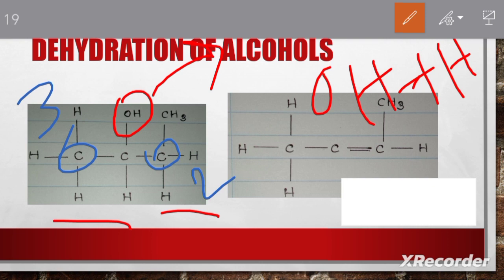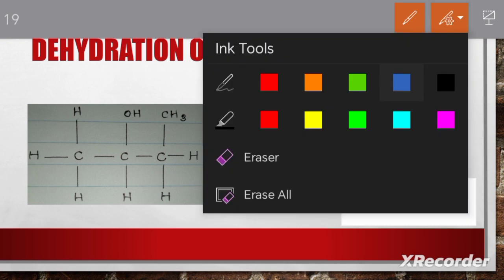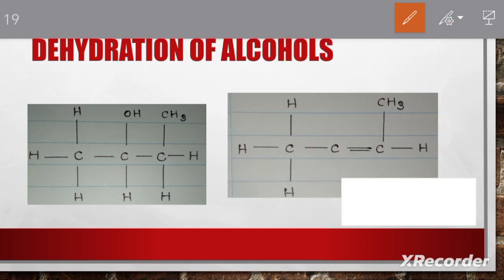So we have to remove this OH with this hydrogen and make the double bond between this carbon and this carbon. So according to Saytzeff's rule, we have to remove hydrogen from the adjacent carbon which contains lesser number of hydrogen.